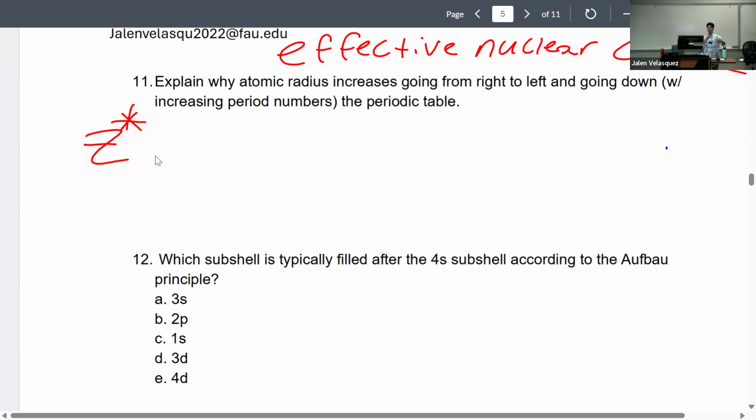Then as we go to the right, it increases, so there's more attraction and the electrons are pulled closer. That's why it's getting smaller. So atomic radius increases going from right to left because Z star, effective nuclear charge, is increasing going across.